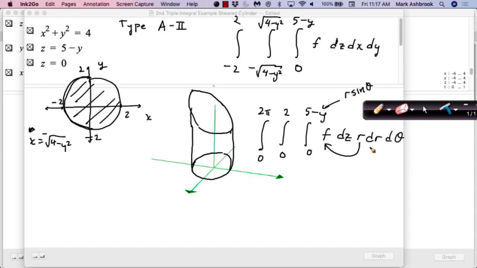Here r is the radius, so 0 out. The archer is standing at the origin, shooting out radially from the origin. What's radially? Along radii.